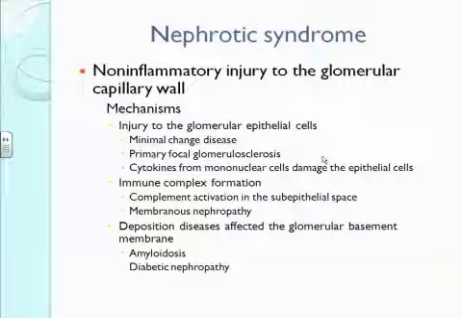This is attacking just the lamina rara externa. It's not punching holes all the way through. It's just punching holes on the outer layer of it. And you can also get depositional diseases that affect the glomerular basement membrane, such as amyloid or diabetic nephropathy. It also leads to nephrotic syndrome.